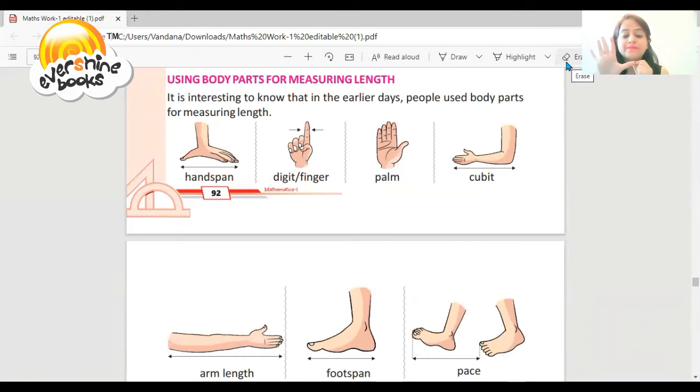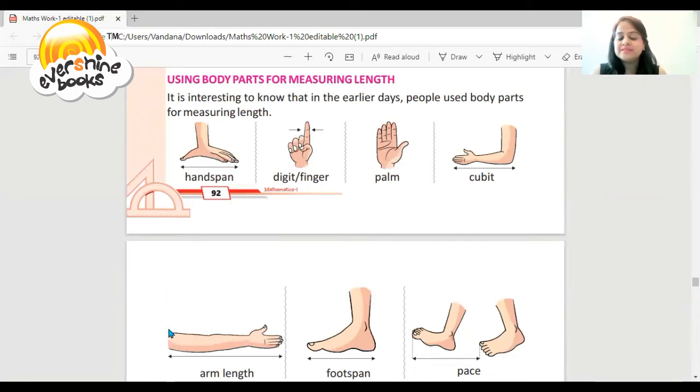The difference between the thumb and the small finger is called a span. So, hand span. Now show me your palm. It's your palm. Now students, it's your cubit. It is called cubit and it is used to measure things.